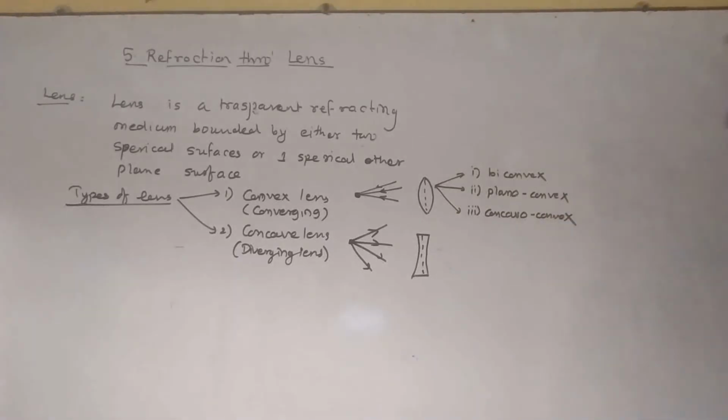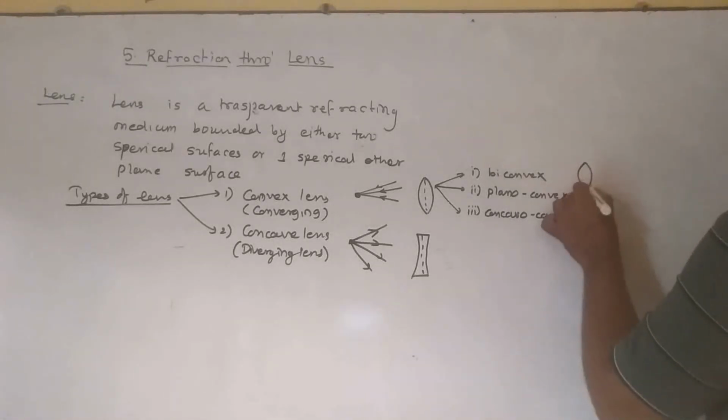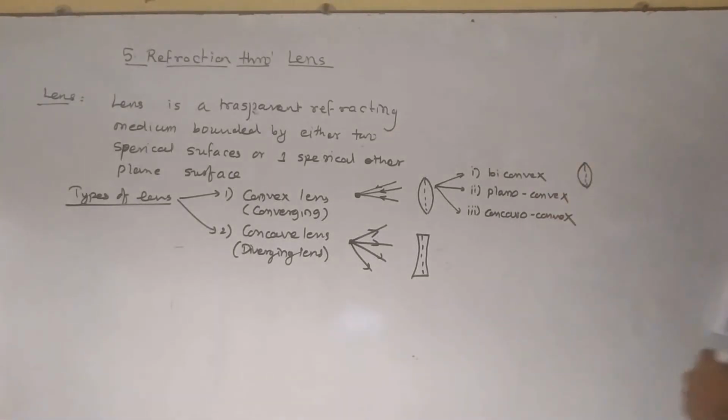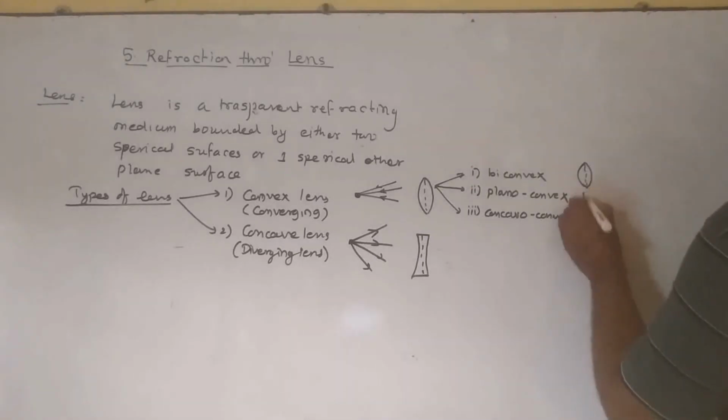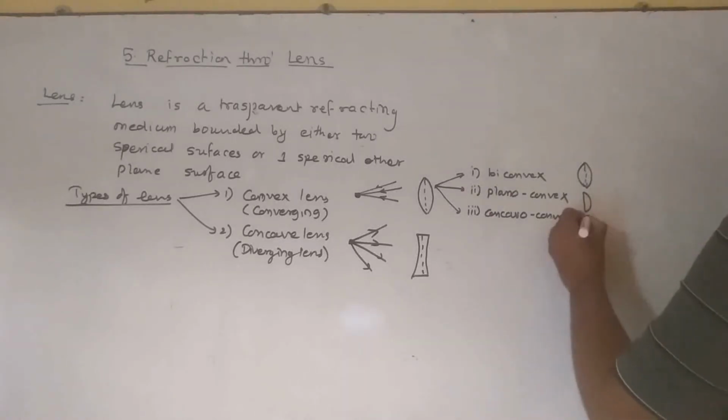Biconvex means both sides are convex surfaces. Plano-convex means one side is plane and the other is bulgy, and concave-convex means one side is bulgy and the other is concave, like this.